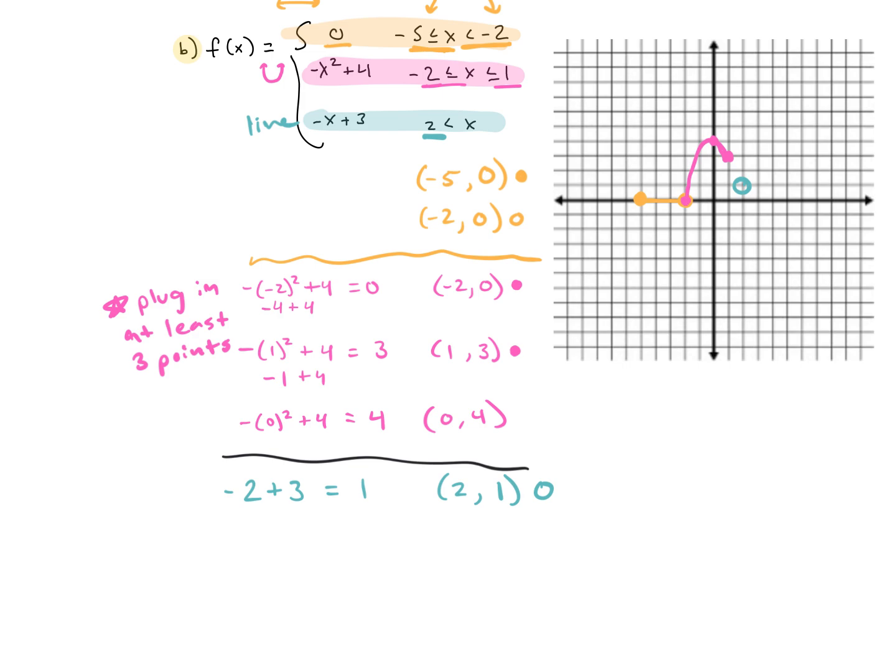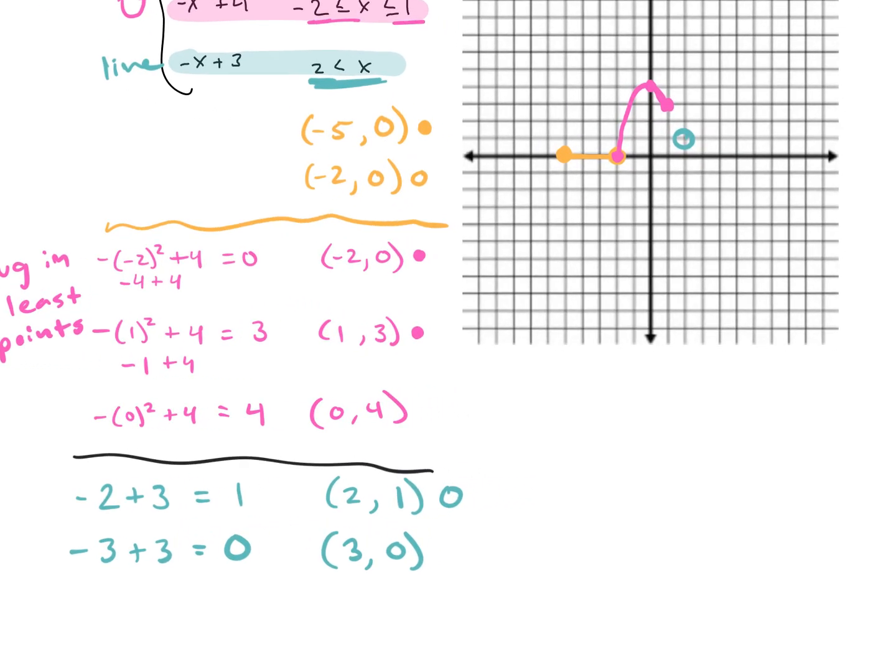So we know we only need 2 points. So what else could we plug in? Sure, we can plug in 3. Anything greater than 2. This one's written a little bit backwards, but it says 2 is less than x, so x has to be anything greater than 2. So we can plug in 3. So we've got -3 plus 3 would be 0. So we plugged in 3 and got 0.